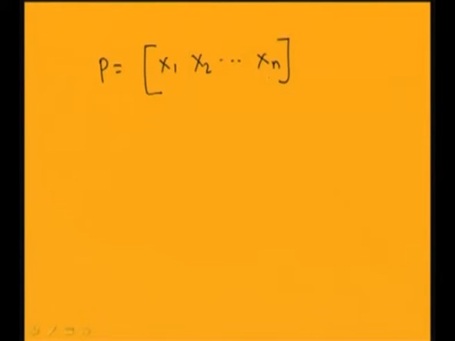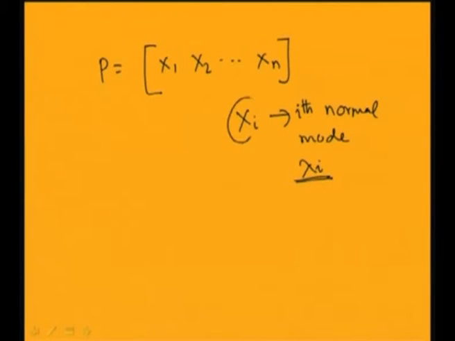The modal matrix P can be written equal to the normal modes x1, x2 and xn, where xi is the ith normal mode of the system, corresponding to lambda i.